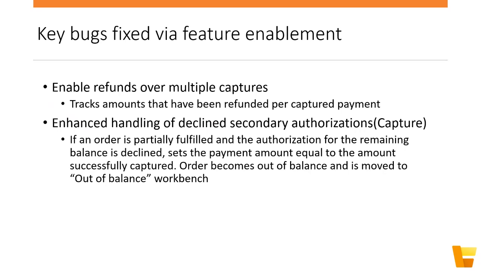This should cause your orders to go to the out of balance workbench. This depends on your overpayment and underpayment settings in call center, but the idea is the order comes out of the flow for fulfillment. It would be on the out of balance workbench, and a user would have to contact the customer to get a payment for the balance due on that order.